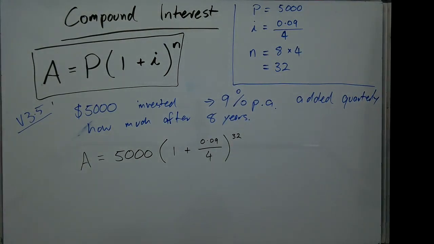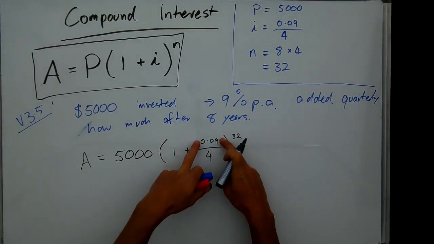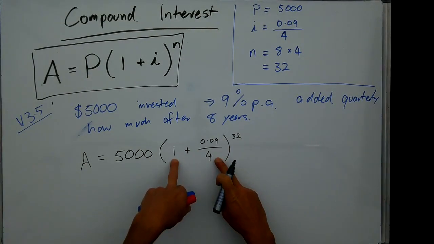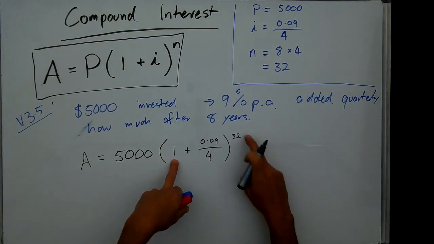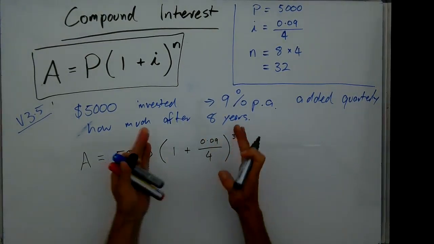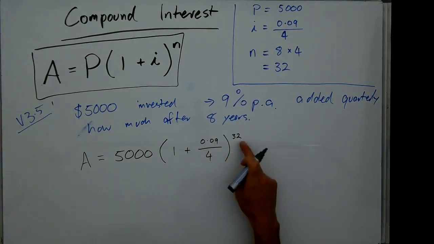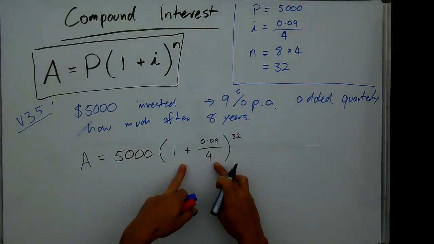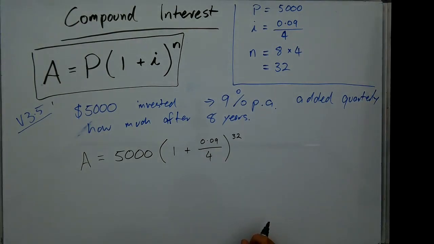Okay, so when I type this in the calculator, I'm going to put probably this bit first. Then I'm going to add 1 to it. Then I'm going to tell the calculator to multiply this 1 point something by itself 32 times. And then I'm going to multiply by this, just so that I get my order of operations correct.